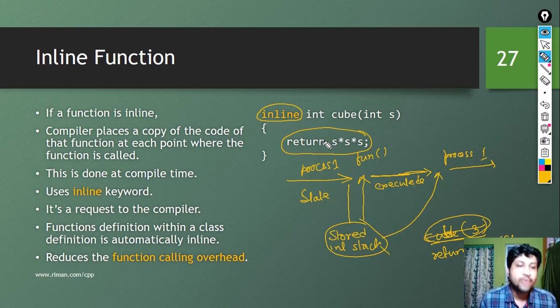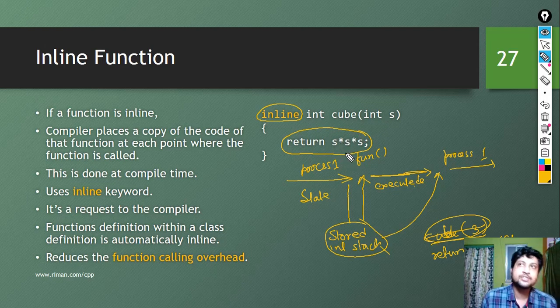Also, if the function has any operations like pointer operations, then that function can never be an inline function. Functions defined within a class are automatically inline. We have learned that normal member functions can be defined within the class and outside the class as well.